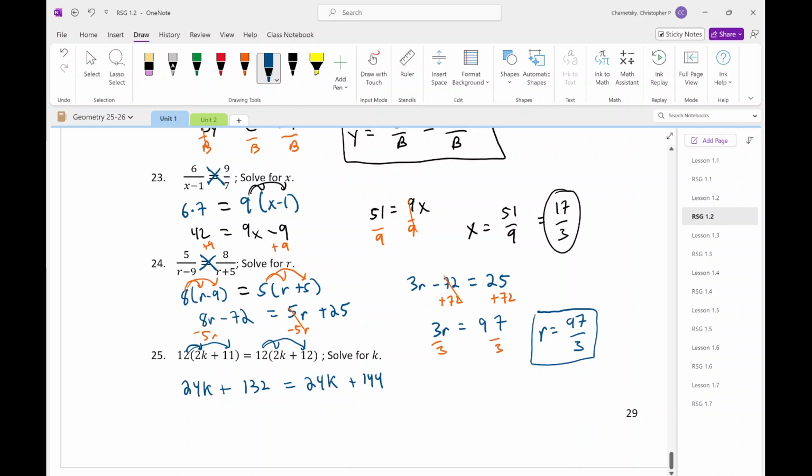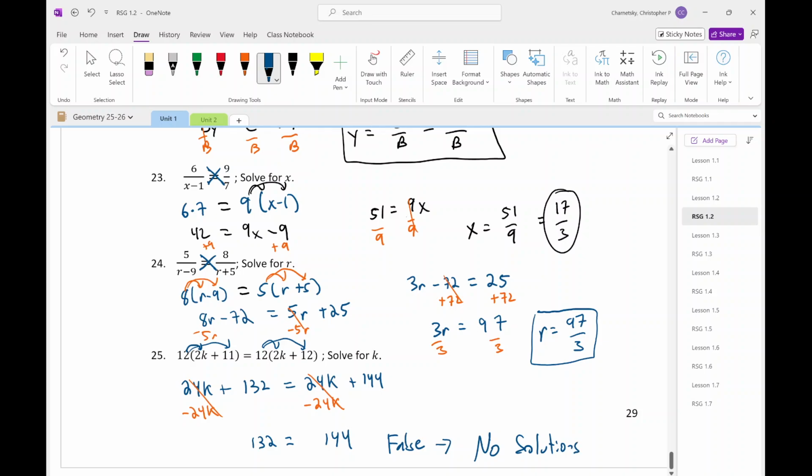And then my next step usually is to collect my variables. So I'm going to subtract 24k from both sides, and I immediately have a problem. All my variables have disappeared, and what I have left is 132 equal to 144, which is a false statement, which means that there are no solutions.